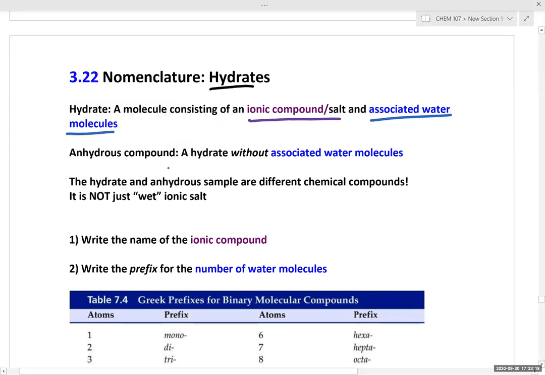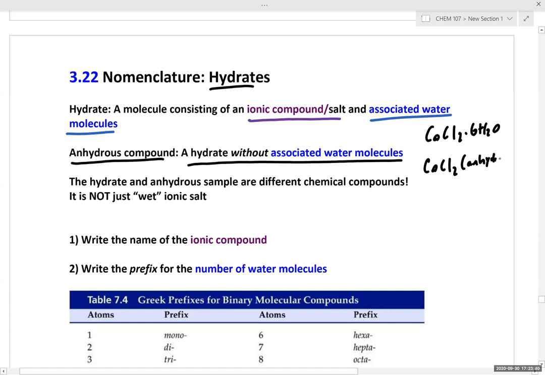A close relative of the hydrate is what's known as the anhydrous compound. It's a hydrate without any of the associated water molecules. So for example, if our hydrate was cobalt chloride hexahydrate, the anhydrous sample would just be cobalt chloride.